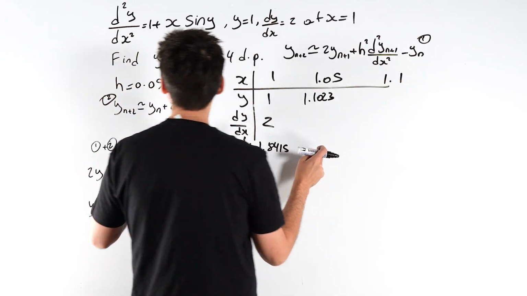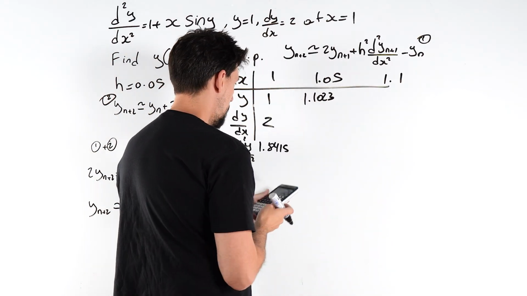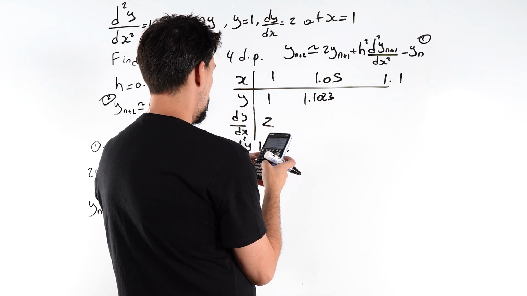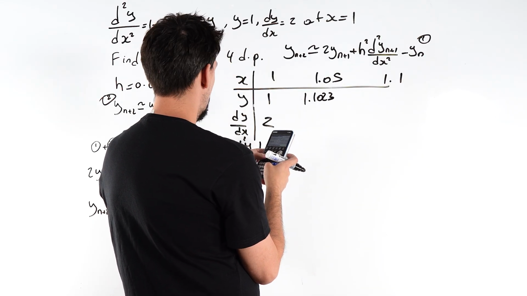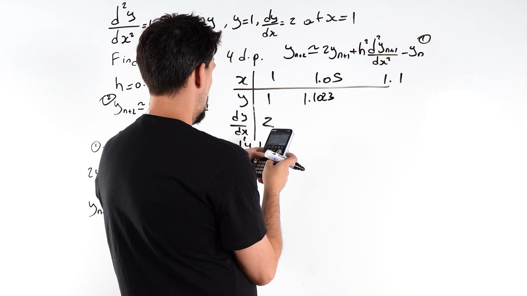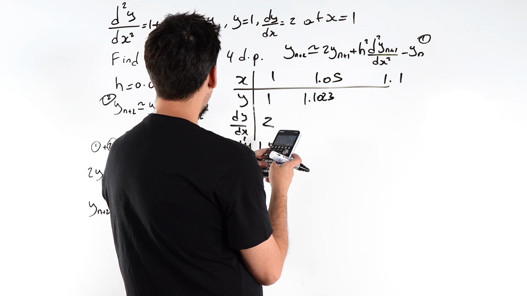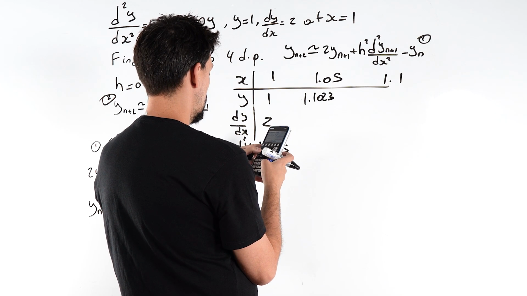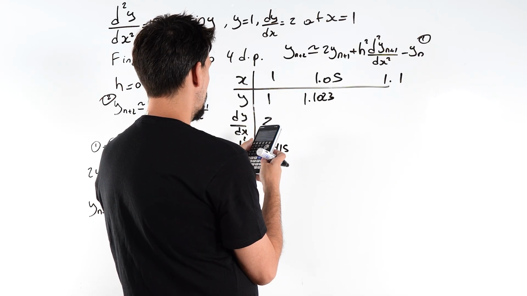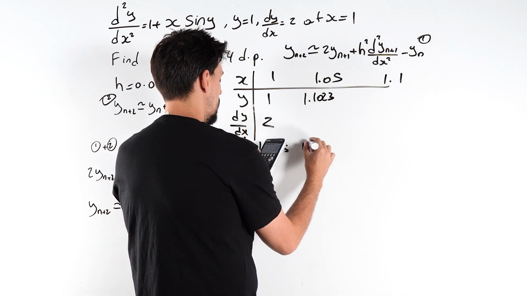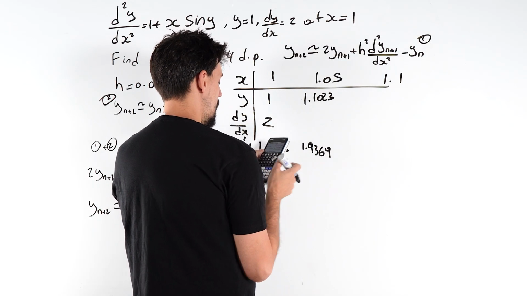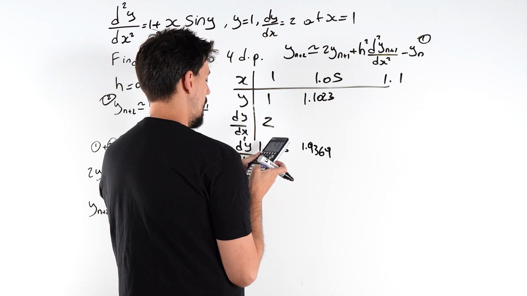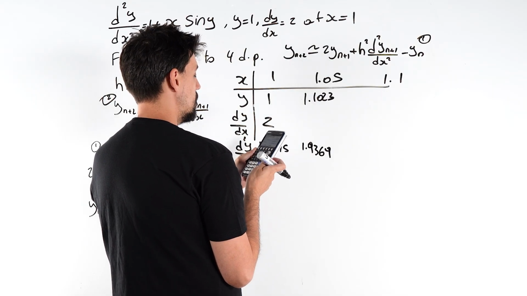How do I figure this value out? I've got my formula. So it's 1 plus x, 1.05, times sine of that previous y value. So I make this 1.9369, save that as a. Let's go.